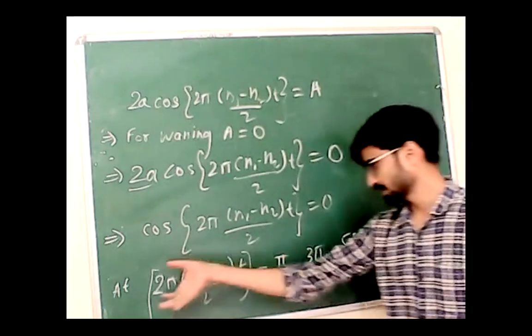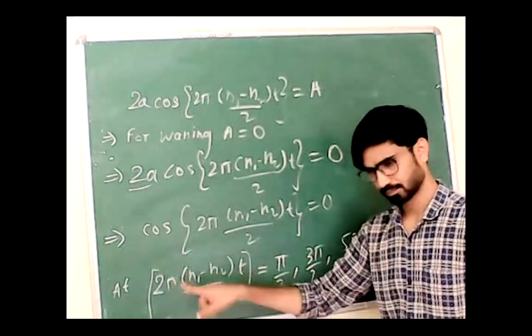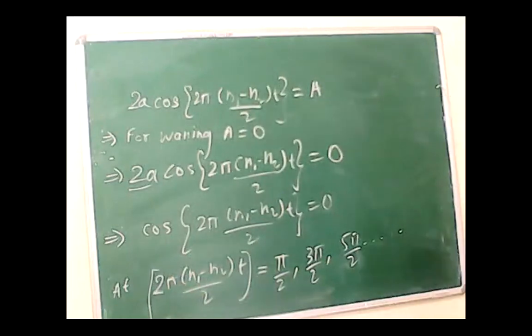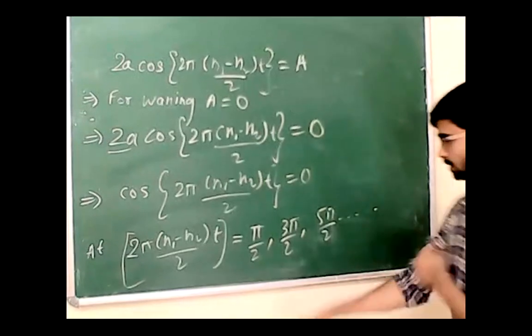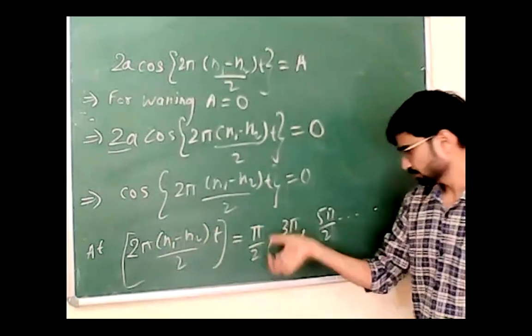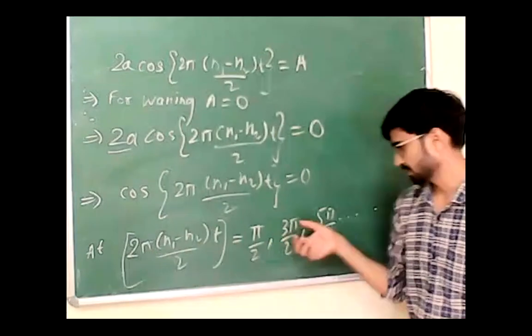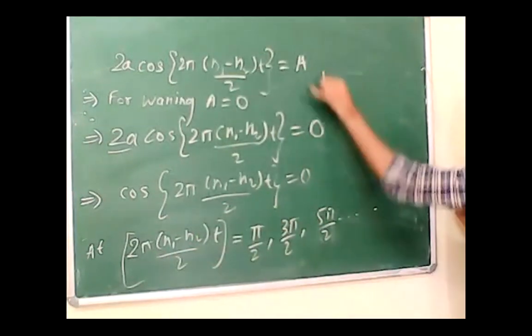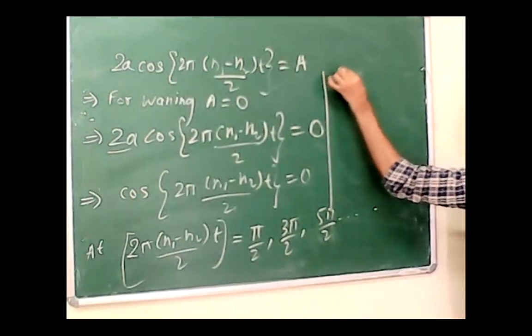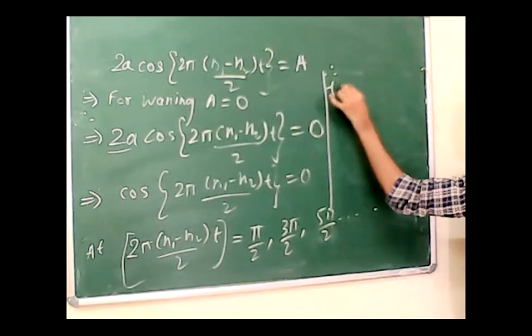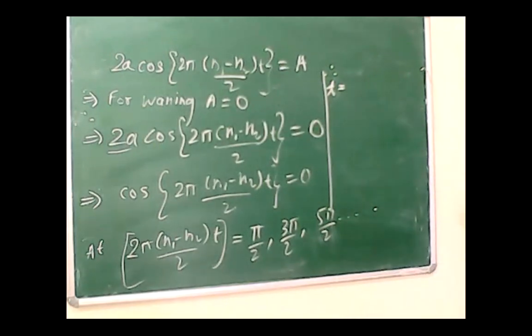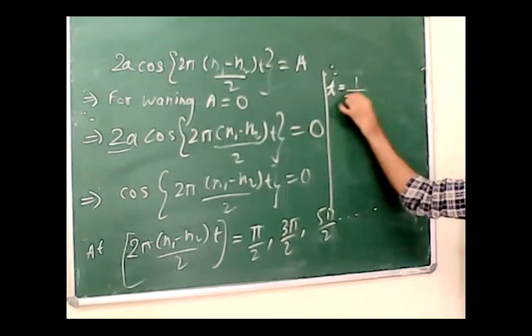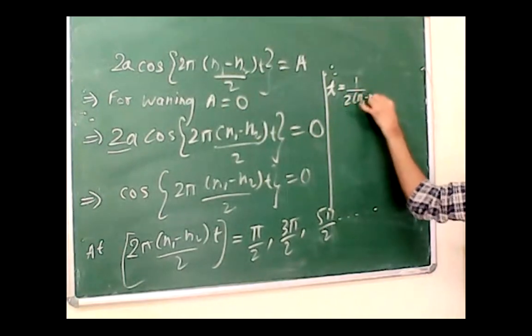So if you start comparing these two, comparing this with this, then you will find that the values of t that come are, first, t equal to 1 by 2(n1 minus n2).